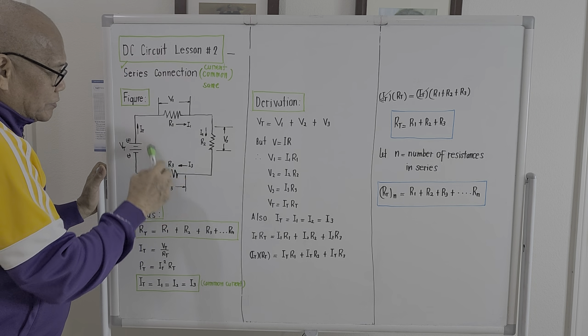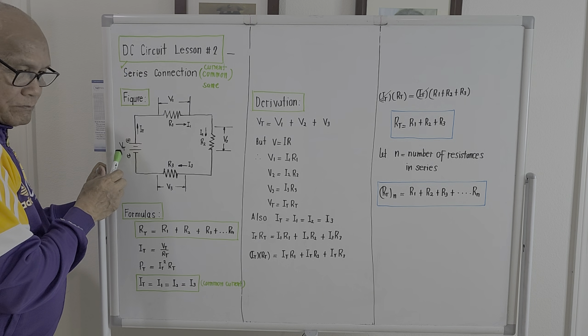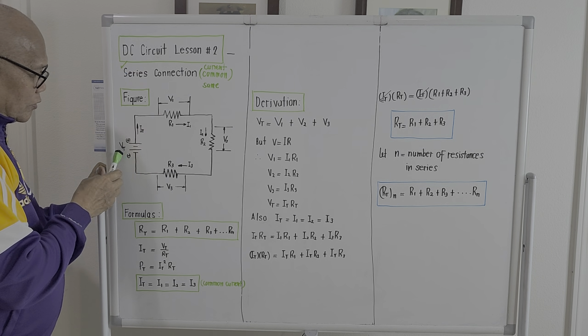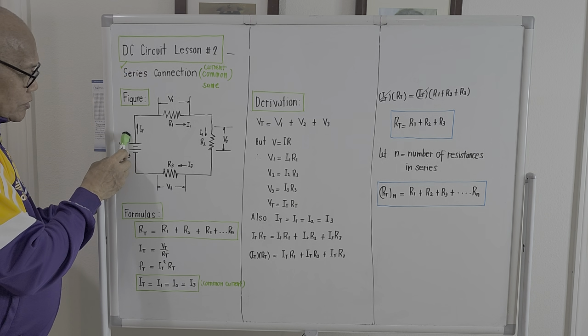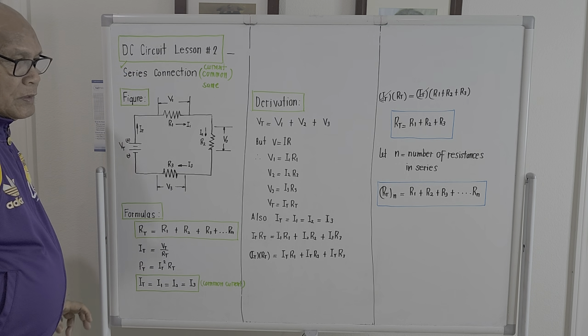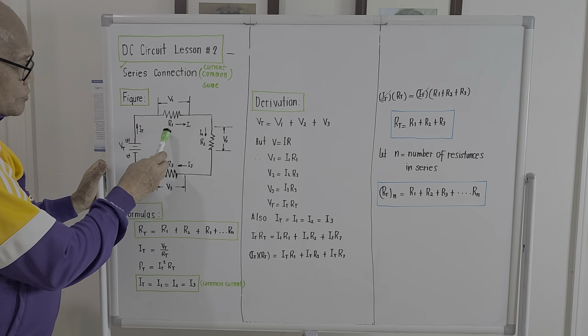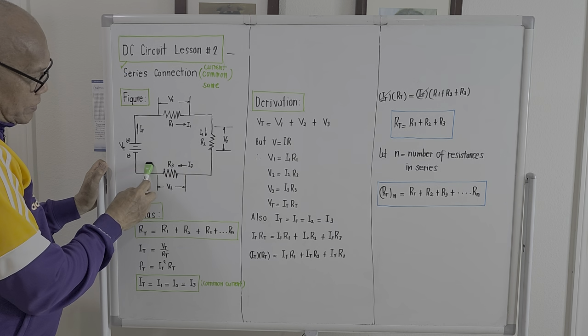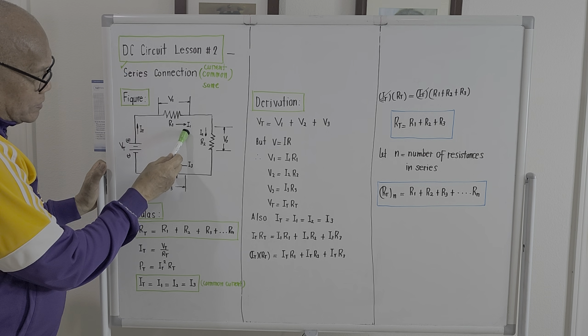They are all connected in series, and the voltage source is this battery, and the terminal voltage will be capital letter B with the subscript T. This is the plus, and this is the minus. If we try to analyze a series circuit, this is R1, this is R2, this is R3. The current passing through R1 is designated by I1.